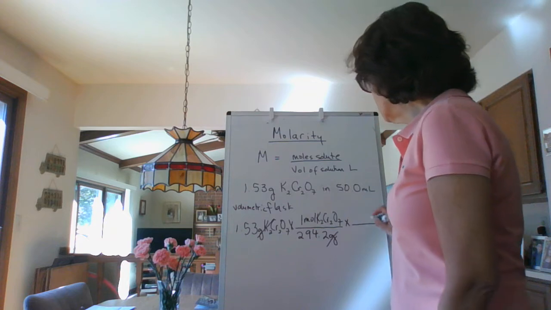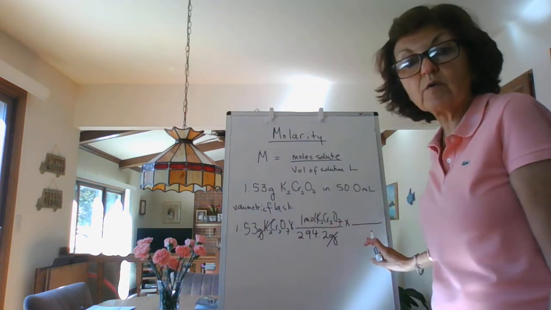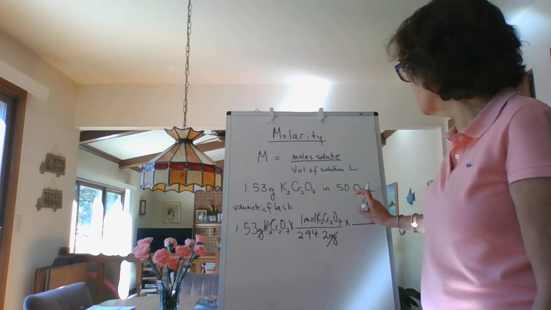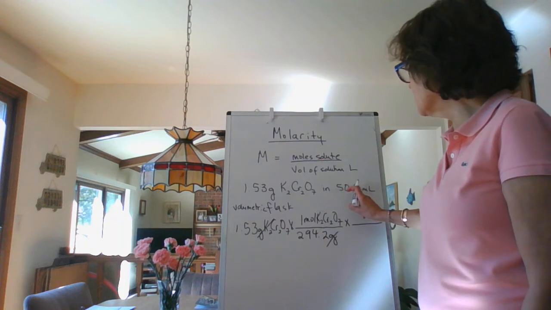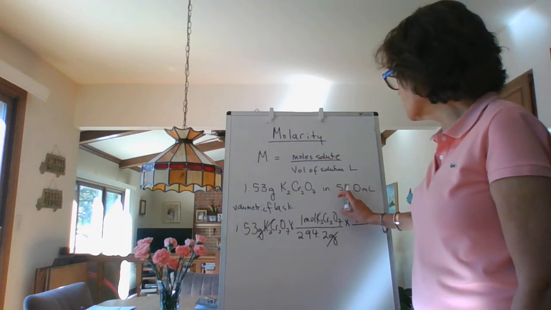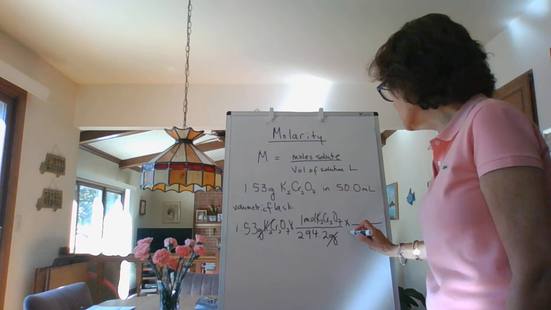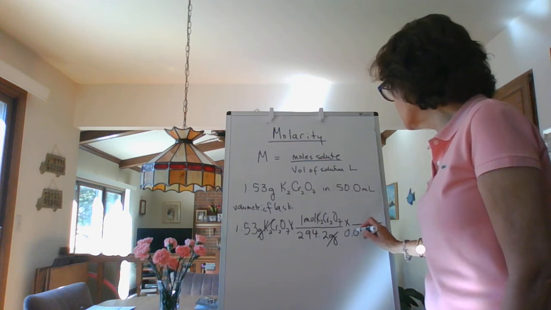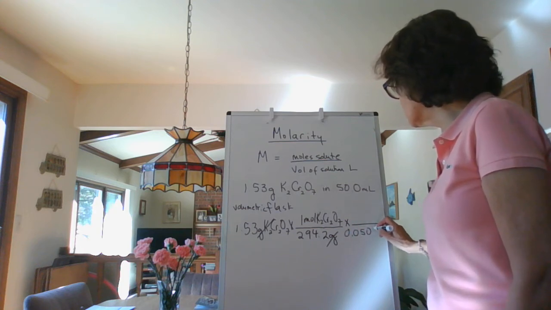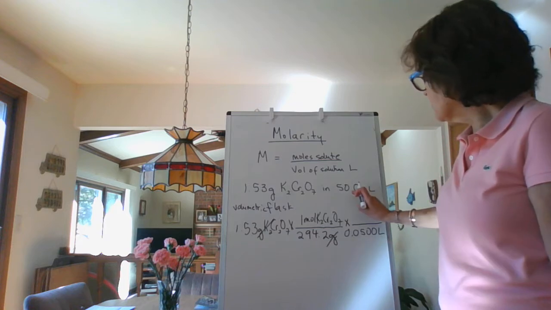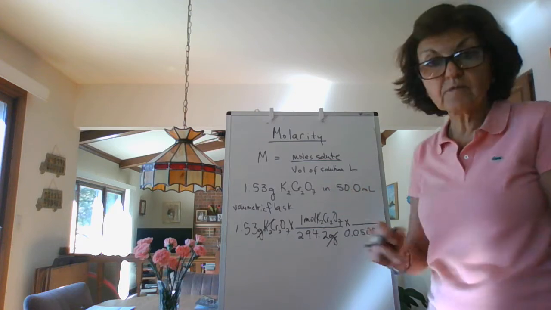And then now we have moles in the numerator. We want liters in the denominator. This is 50 milliliters. To convert it to liters, I'm just going to move the decimal 3 places. So we have 0.0500 liters. 3 places. 1, 2, 3. Okay?